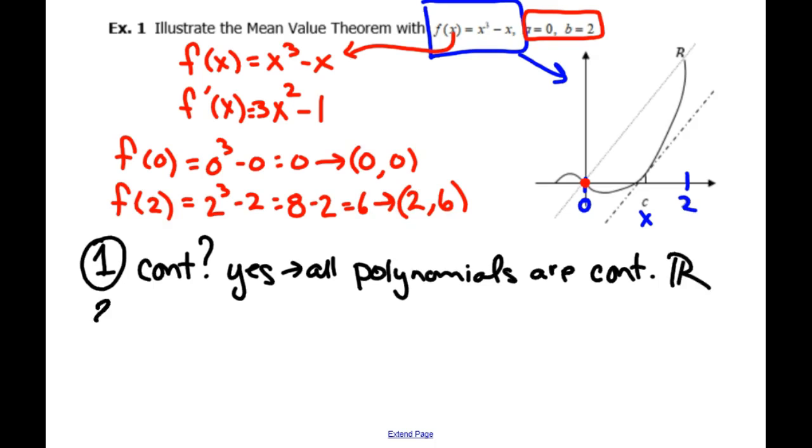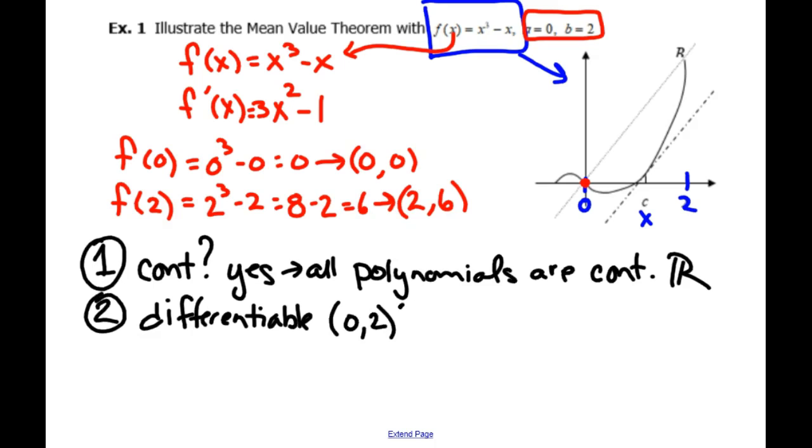And step number 2, differentiable. Actually, we probably should stay here from 0 to 2 on the open interval. This we should have said from 0 to 2 on the closed interval. And the answer is also yes.